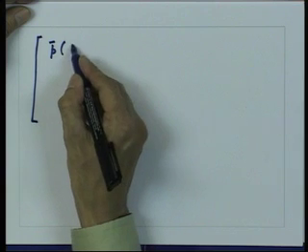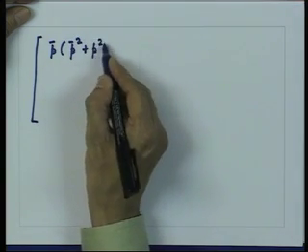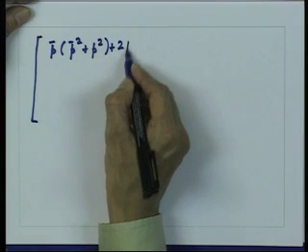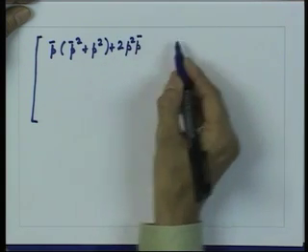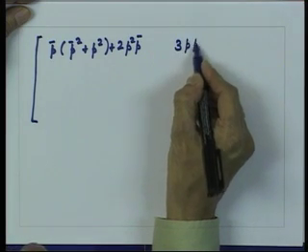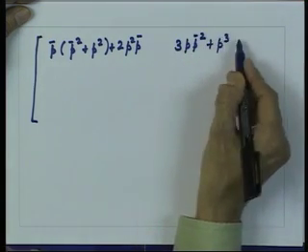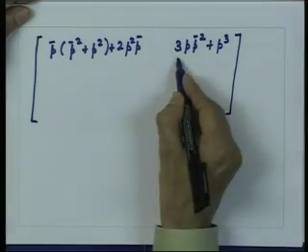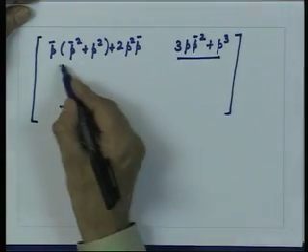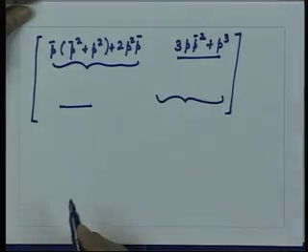P bar squared plus p squared plus 2 p squared p bar, 3 p bar squared plus this quantity is repeated here and this quantity will be repeated here.